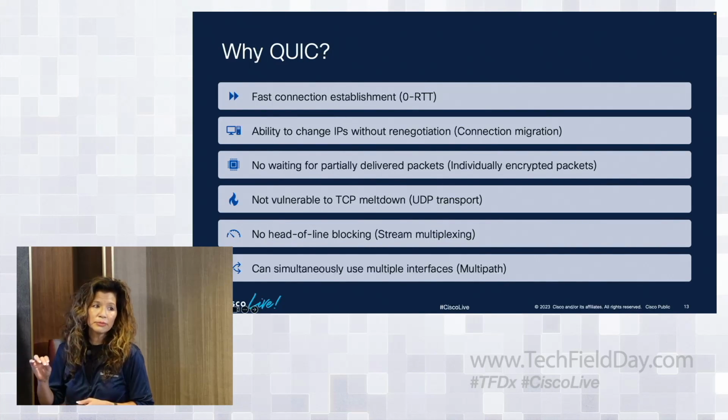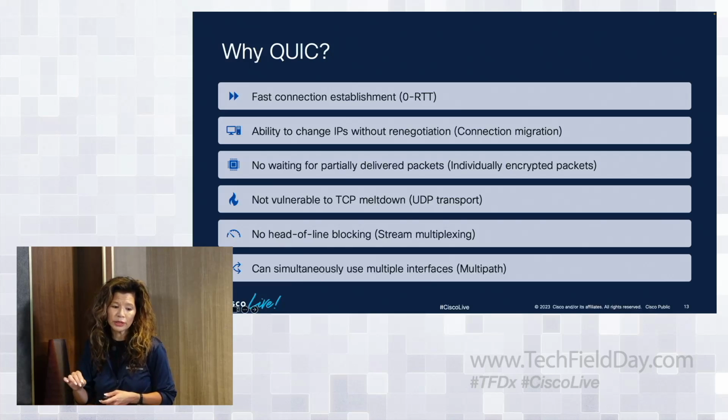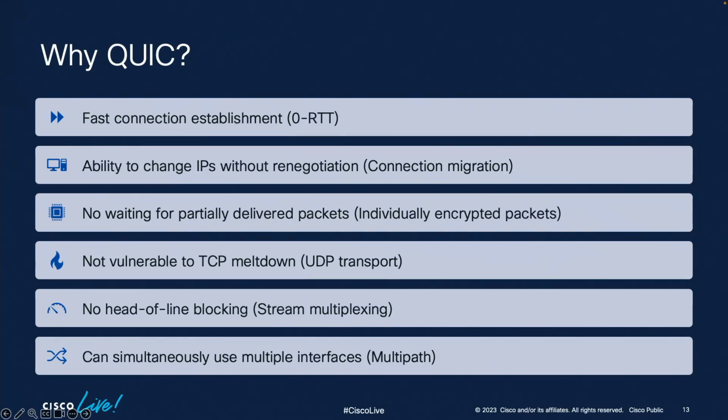So let me dive in a little bit more about the QUIC protocol itself. QUIC inherently provides a faster connection establishment. It allows you to change IP addresses without renegotiating. Like I said, it's based on UDP. This is totally different than using TLS, which is TCP based. TCP, as we all know, is a connection-oriented protocol.